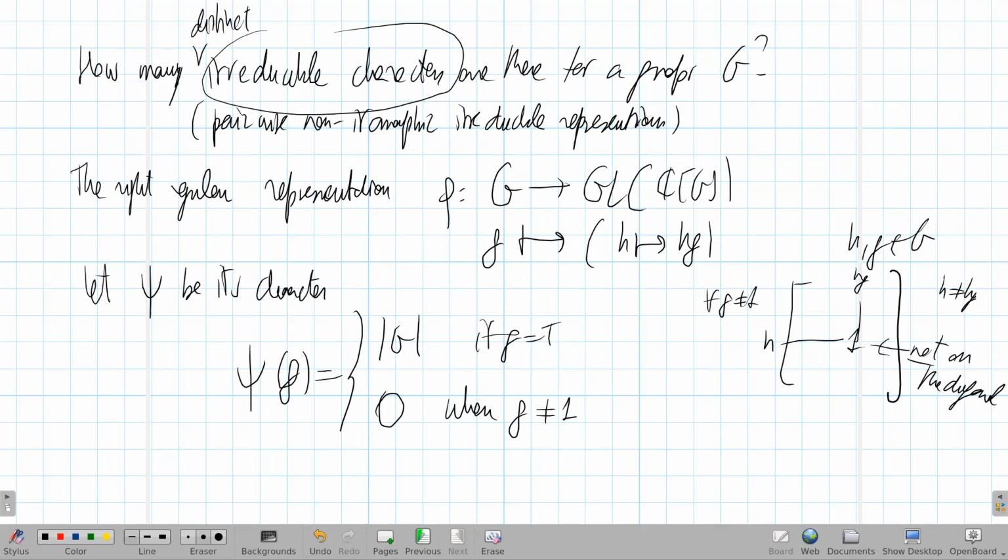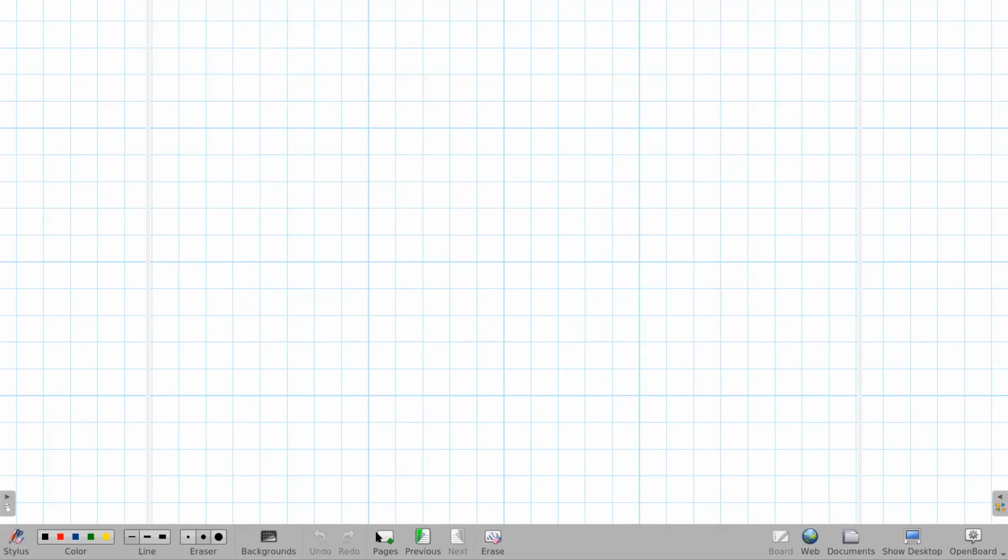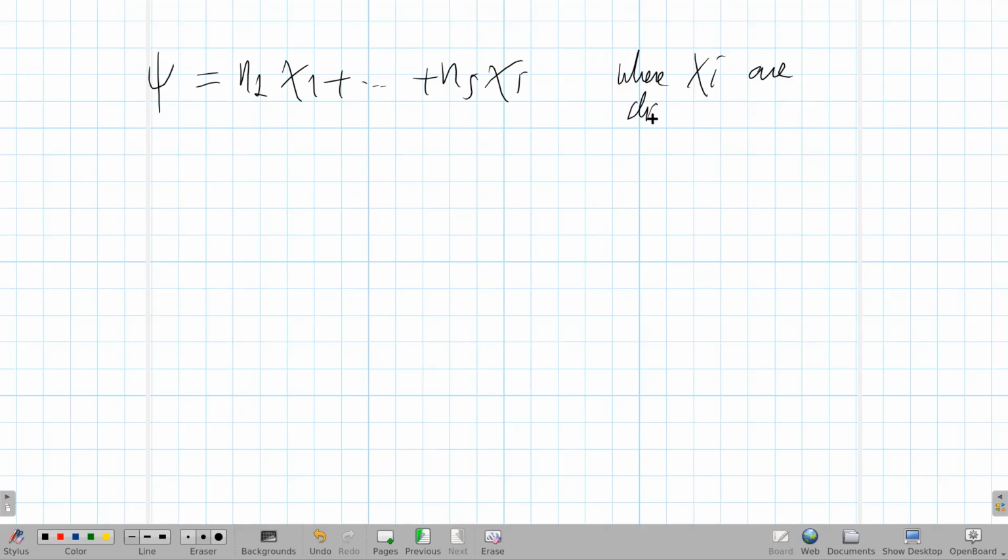we know from Maschke's theorem that this character will be the sum of these characters, where the chi are distinct irreducible characters. Not all of them for the moment; we don't know that they are all of them.